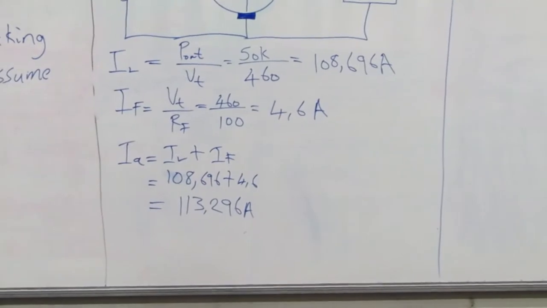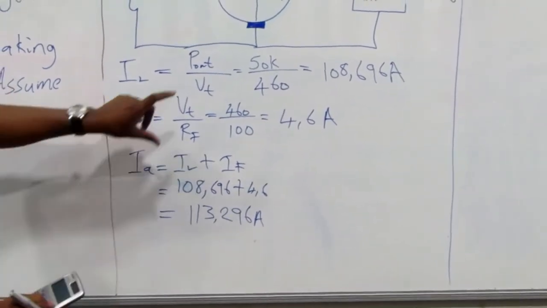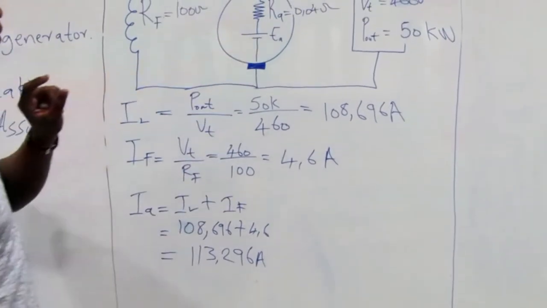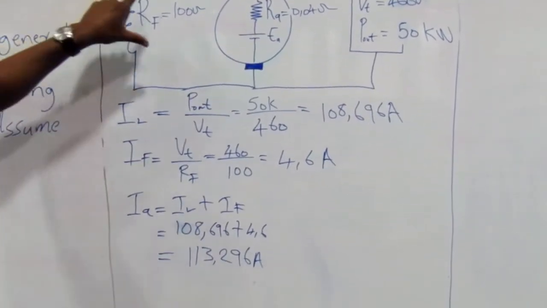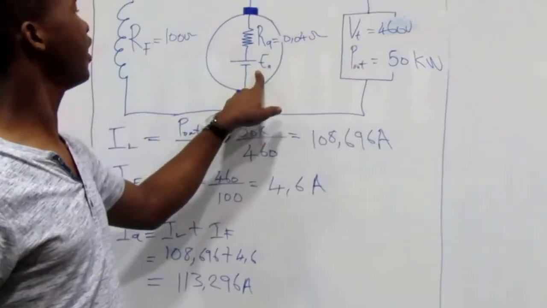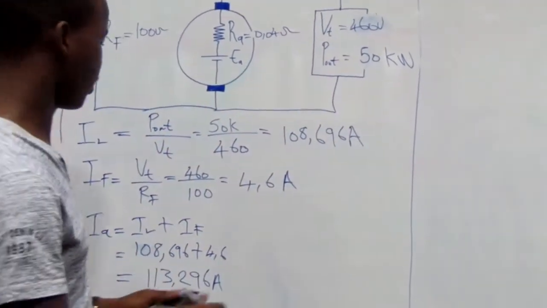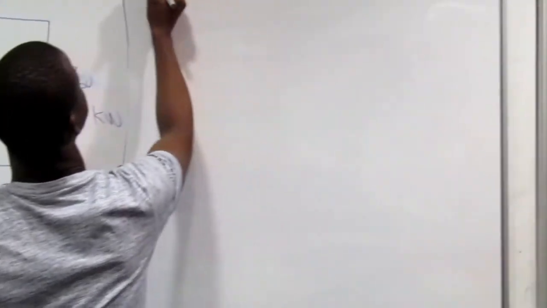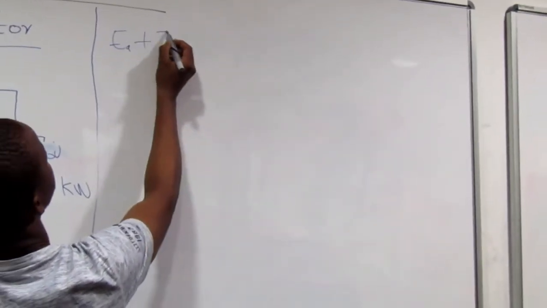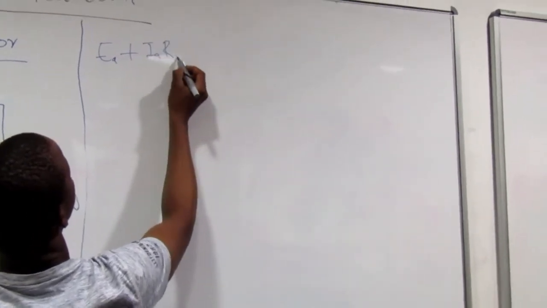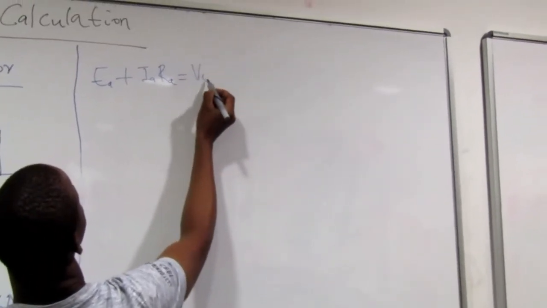After getting this answer, now we need EA. How to get EA? Remember, for a shunt generator, EA is greater than VT. So we are going to say EA minus IA RA is equal to V terminal.